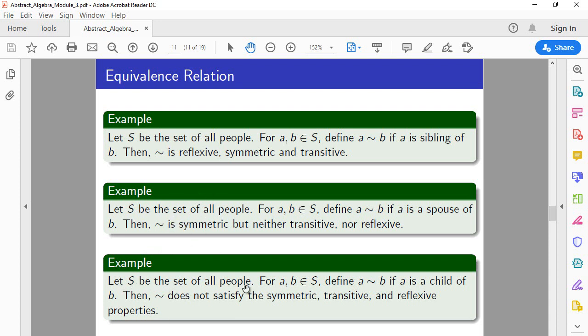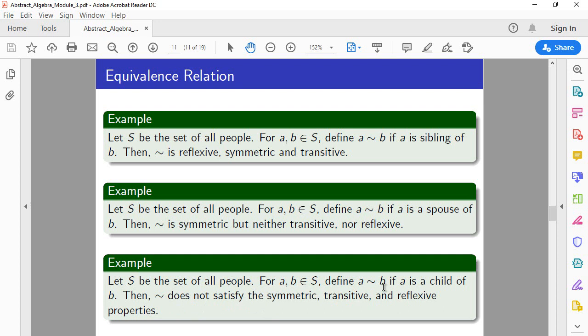Let S be the set of all people again, and for A, B in S, define the relation A tilde B if A is a child of B. Clearly, it doesn't satisfy the symmetric, transitive, and reflexive properties, because if A is the child of B, then B is not the child of A, so that's not symmetric.